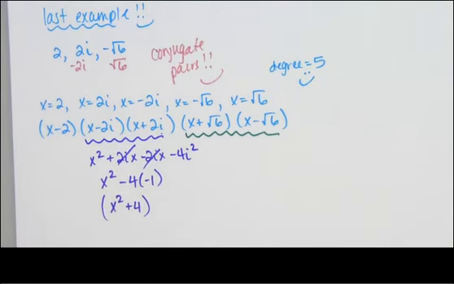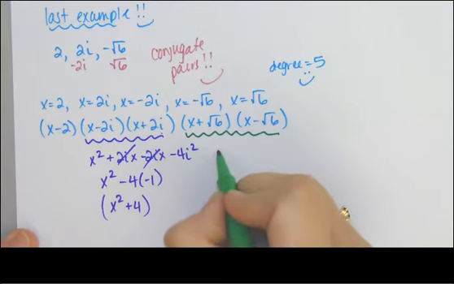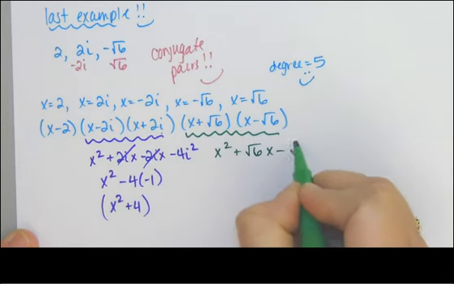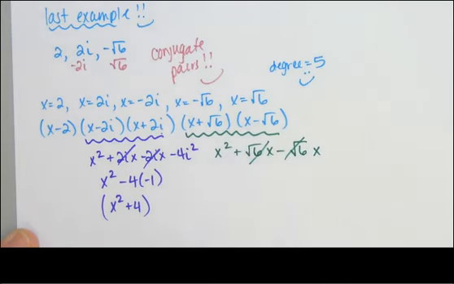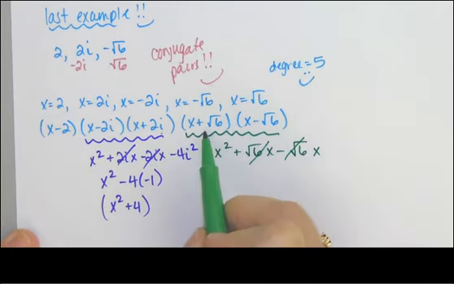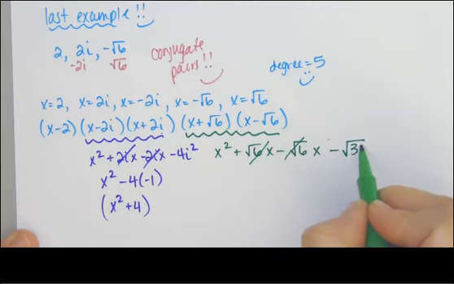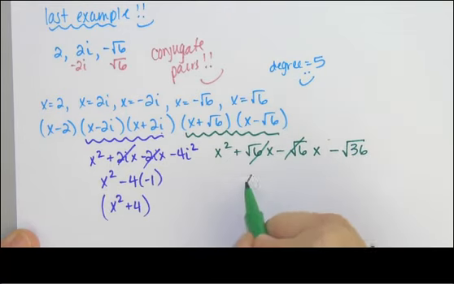Let's do that same thing with the radicals. So x times x is x squared plus radical 6x minus radical 6x. Those cancel out. Positive radical 6 times negative radical 6 is negative radical 36, which is really just the same as negative 6.